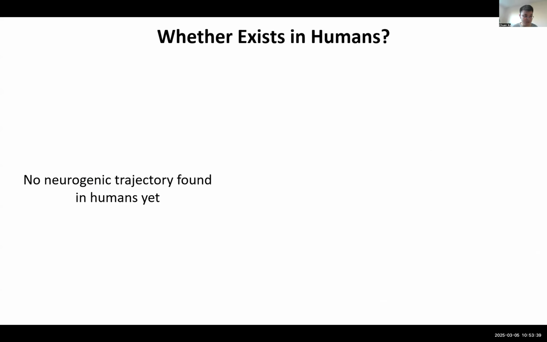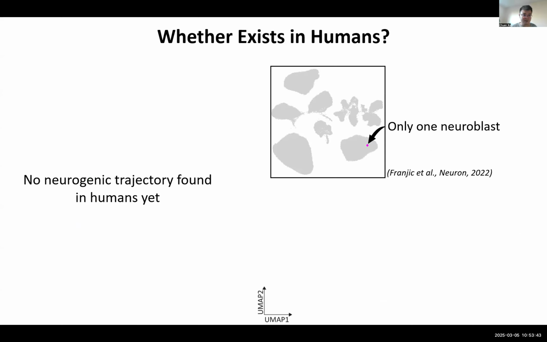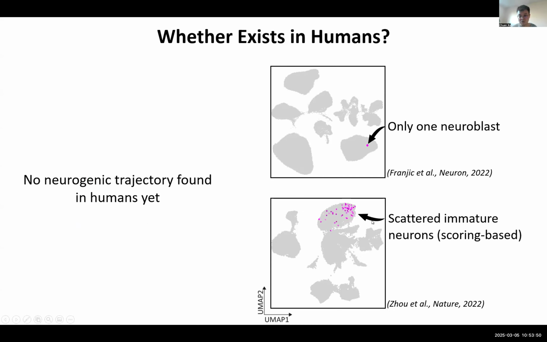Although some studies claim to find such populations, they either detect only one such cell, which was not reliable, or all these cells can only be detected by machine learning-based cell scoring and were scattered across the granule cell cluster and did not form a robust cluster.